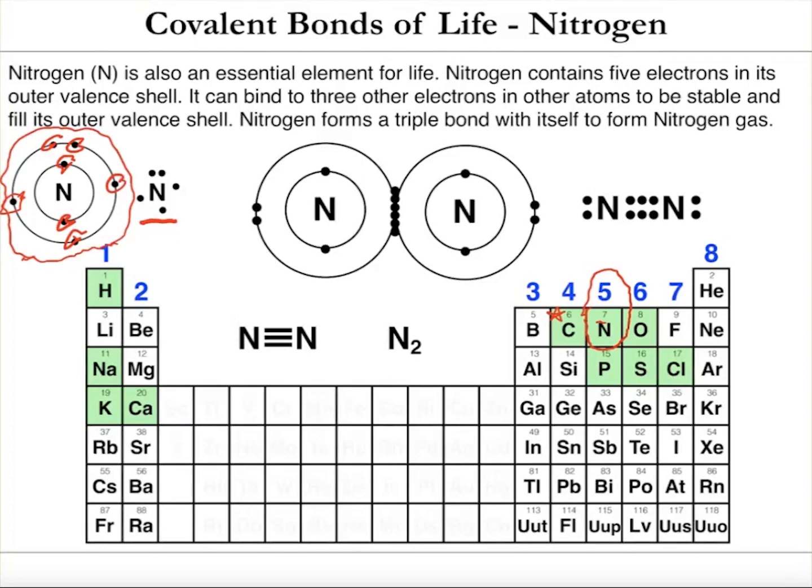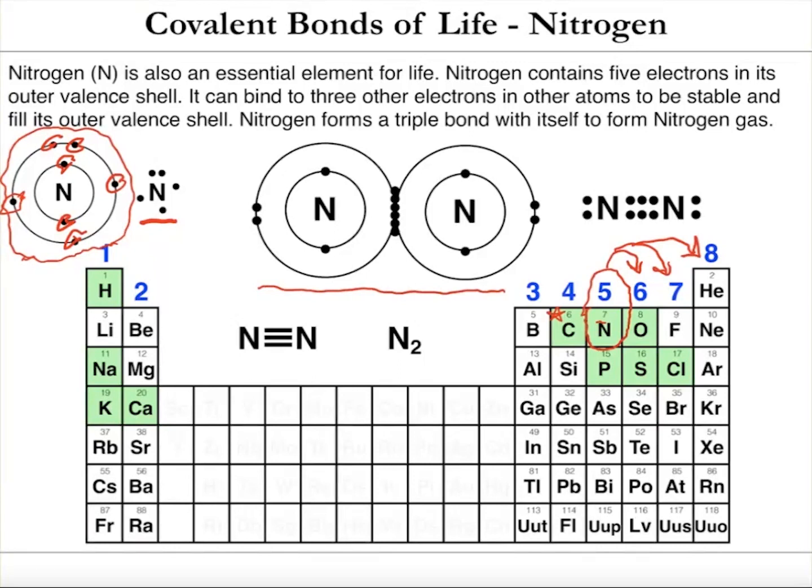So you can look at this on the periodic table as well. So 5, 6, 7, 8. So nitrogen, unlike carbon, which needs to bind to 4 other elements in its outer valence shell to be stable, nitrogen needs to bind to 3 other elements. So a common way that nitrogen is encountered is through nitrogen gas.